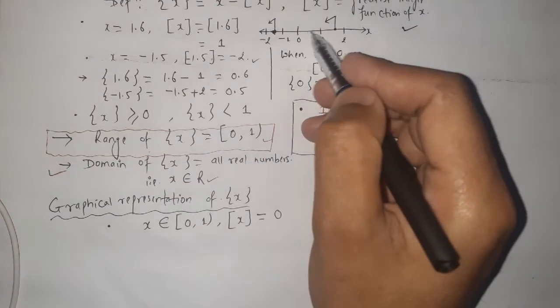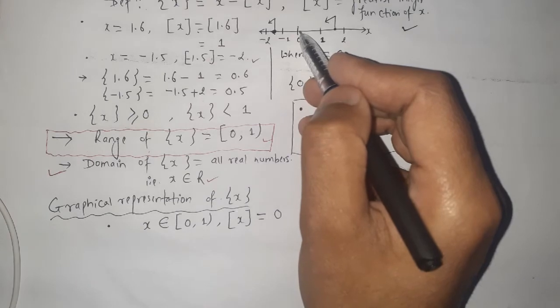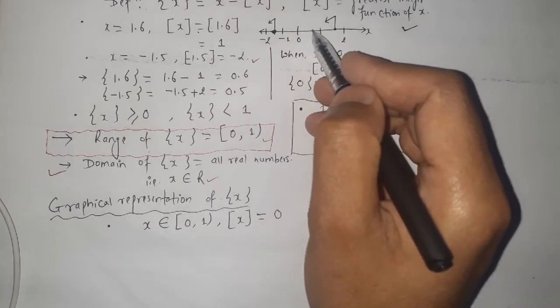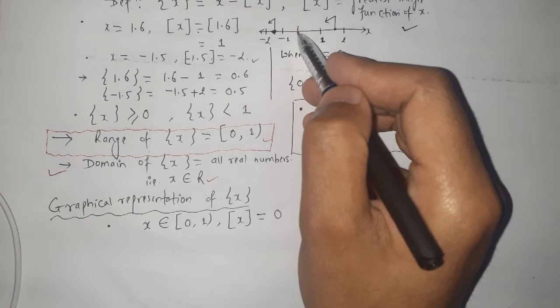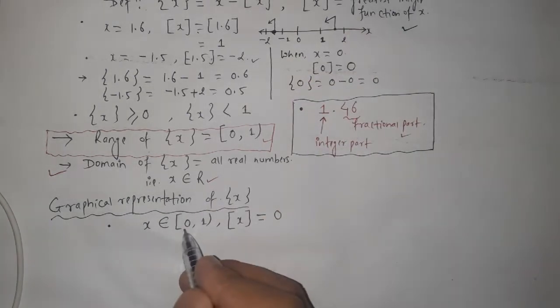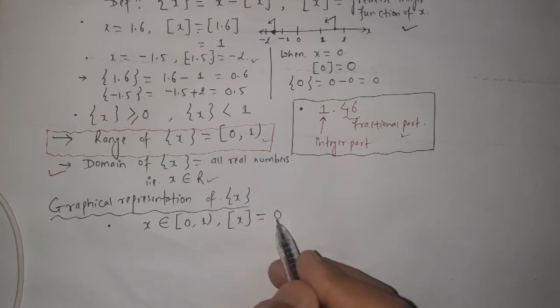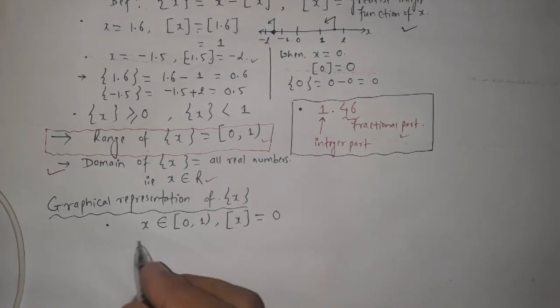We can visualize here that for all inputs from 0 to less than 1, the greatest integer function will be 0. It holds at 0 also: the greatest integer of 0 is 0.